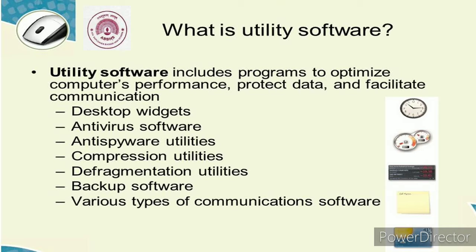Few more examples of utility software are desktop widgets, antivirus software, which I have already mentioned in the last slide, anti-spyware utilities, compression utilities, defragmentation utilities, backup software, and various types of communication software.